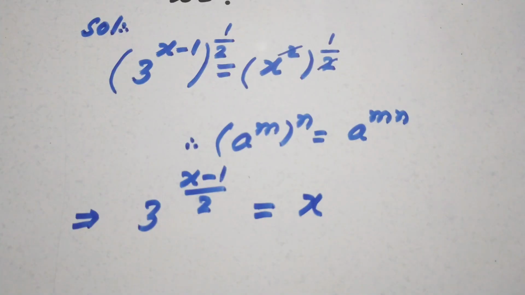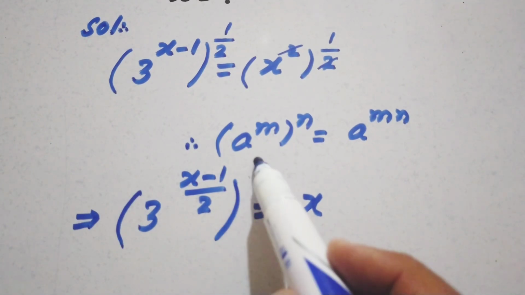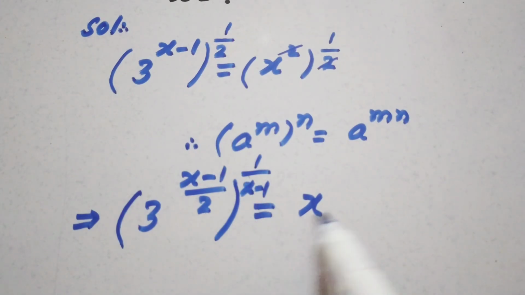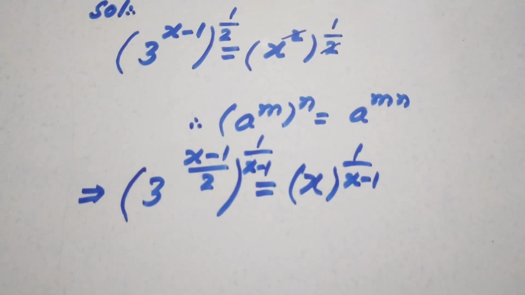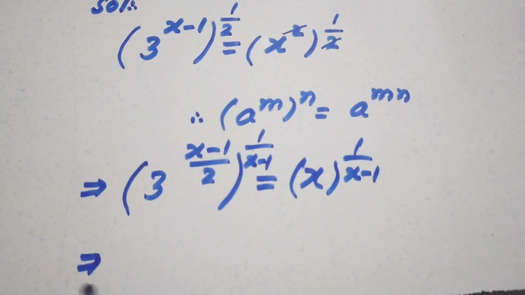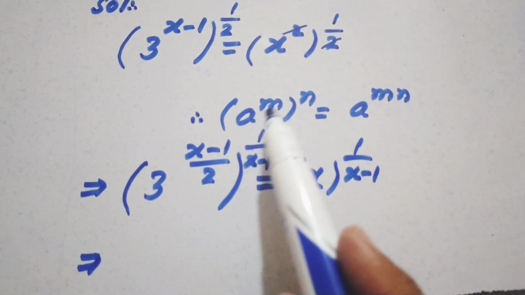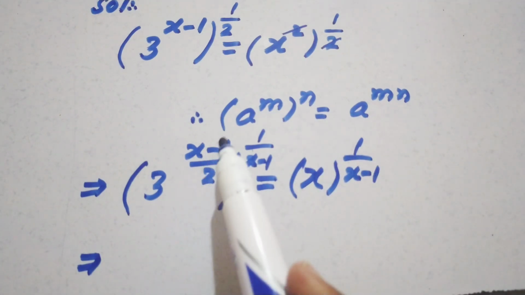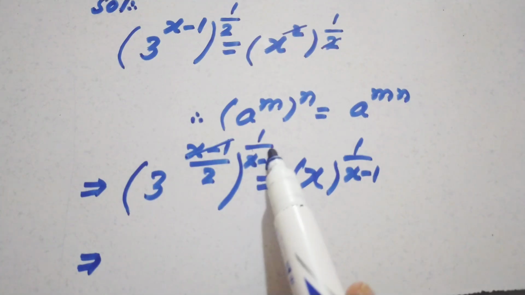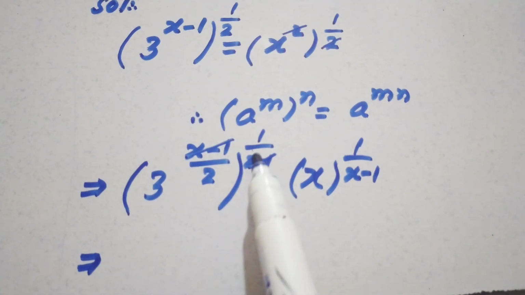Now we will remove this x minus 1 from the numerator of the left hand side, so by taking power 1 by x minus 1 on both sides, now by using the same rule, a power m whole power n is equal to a power m multiplied by n, this x minus 1 from numerator and x minus 1 from denominator cancel out each other.